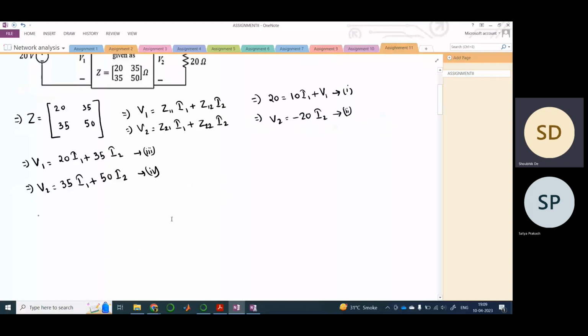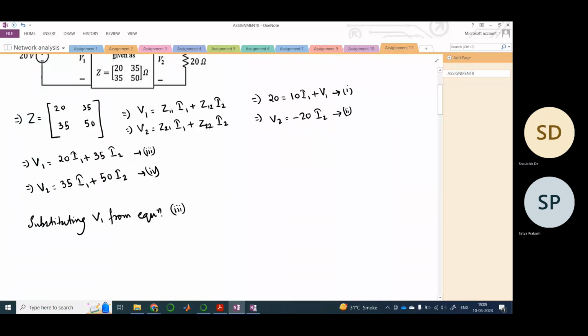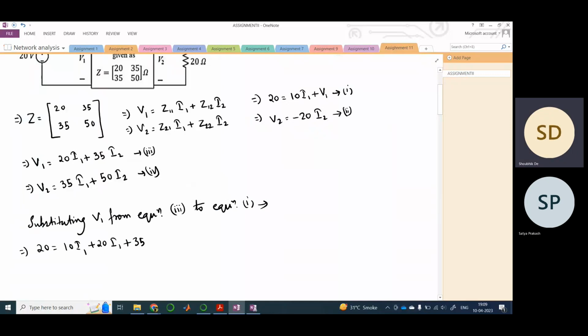Now we will write, substituting V1 from equation 3 in equation 1, it would become 10 I1 plus 20 I1 plus 35 I2, right?